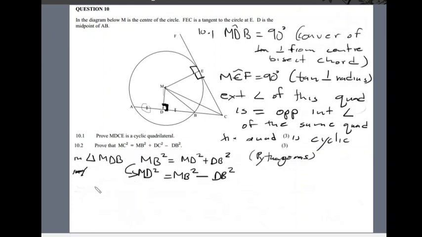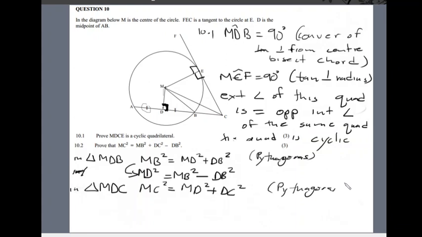So in triangle MDC, that bigger triangle, MC squared is equal to MD squared plus DC squared. Same reason, it's the Pythagoras theorem, right?